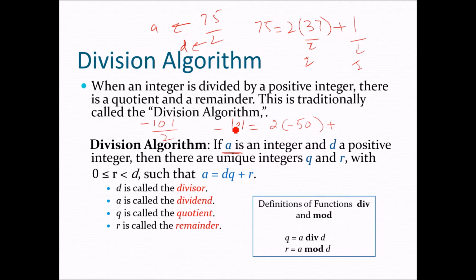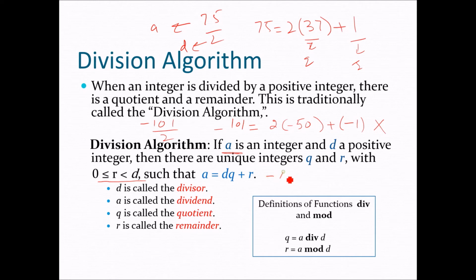So in order to make it minus 101, we just have to add negative 1. But see, there is a condition on R that remainder must be greater or equal to 0. It cannot be negative. So this representation is wrong. So let's see what is the correct representation.